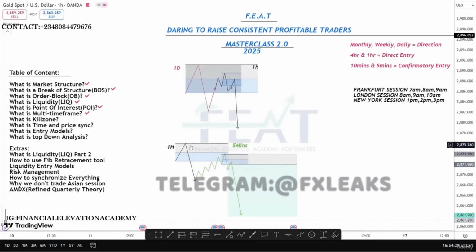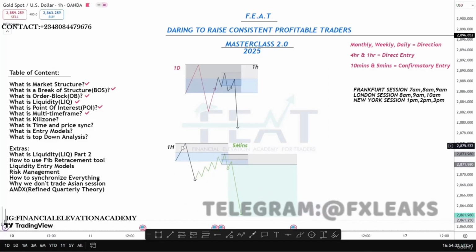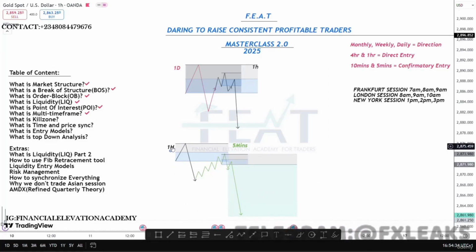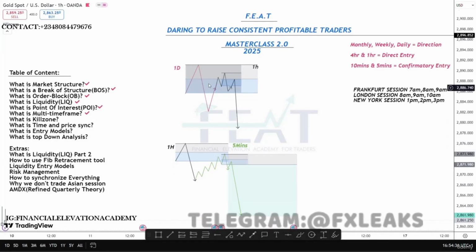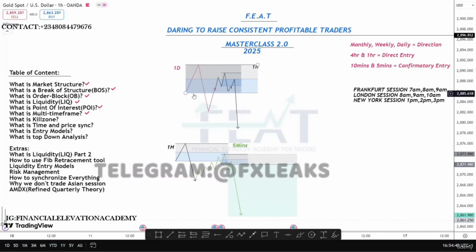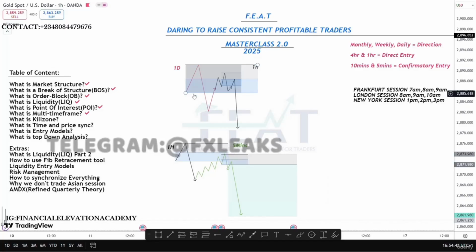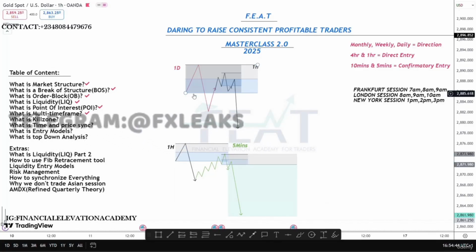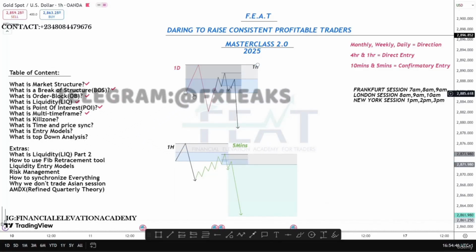So we don't just pick a random 1 hour or 4 hour time frame. We pick one that is in synchronization with the daily, weekly or monthly level. The POIs we take our entries from must be in synchronization with the higher time frame levels.